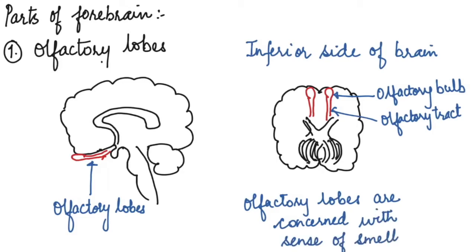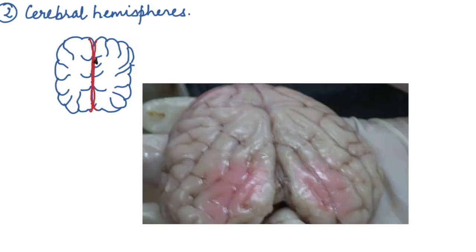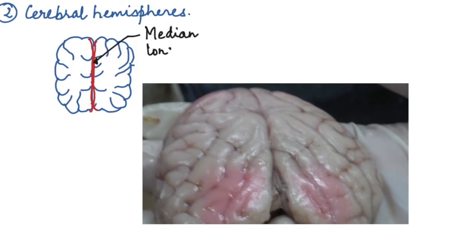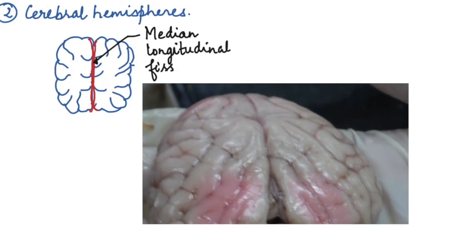The second part of the forebrain or prosencephalon is the cerebrum. Now, as viewed from the top, this is the top view that we are seeing here. As we view from the top, we are able to see a long fissure. This fissure is called the median longitudinal fissure.